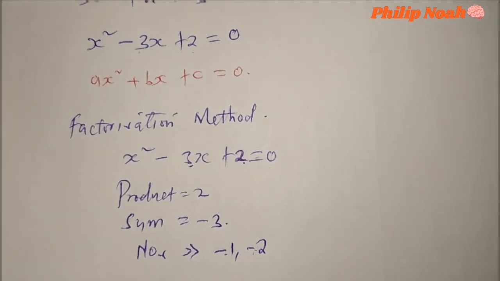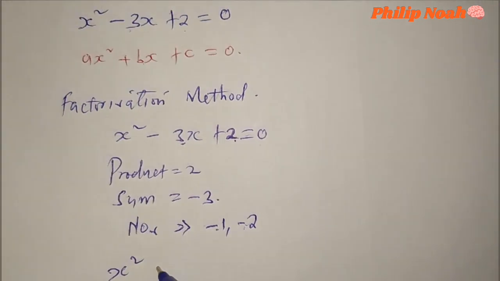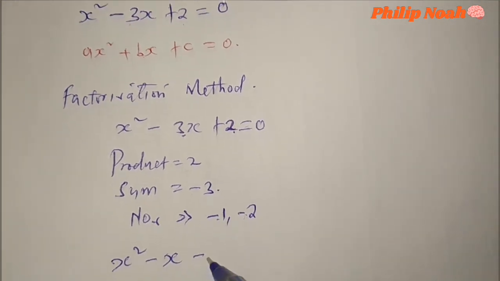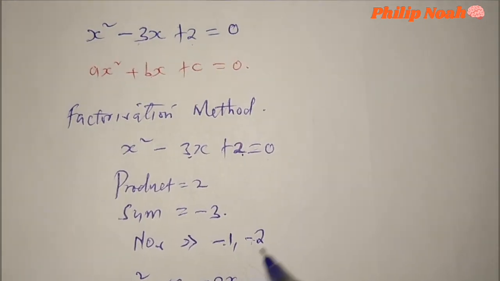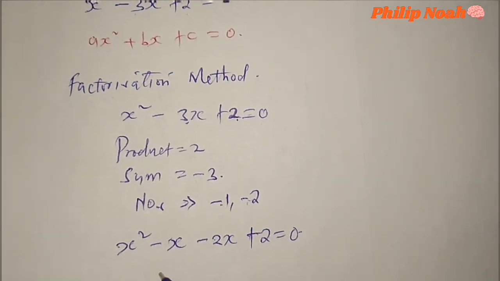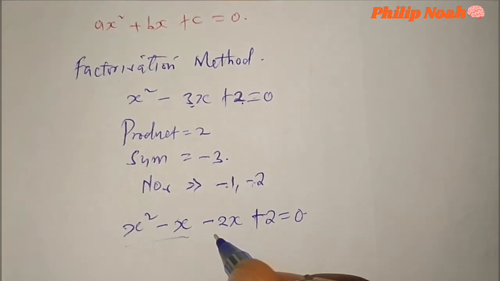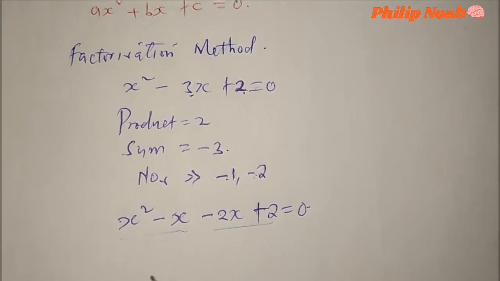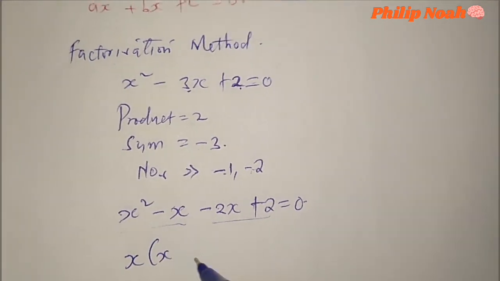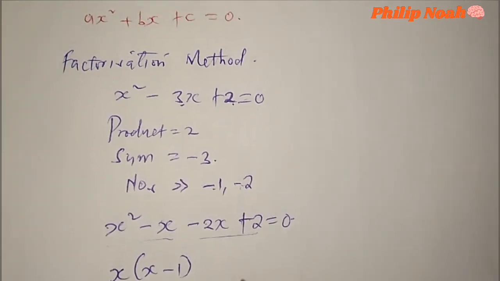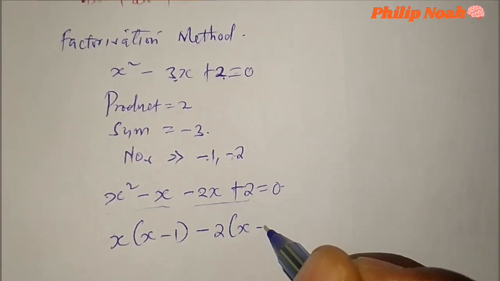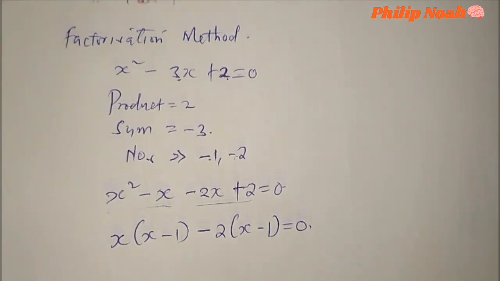So we have x squared minus x minus 2x plus 2 is equals to 0. We factorize this and this separately. Now we have x into x minus 1 minus 2 into x minus 1 is equals to 0.